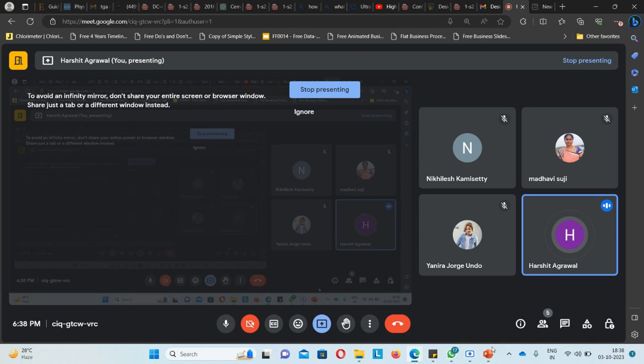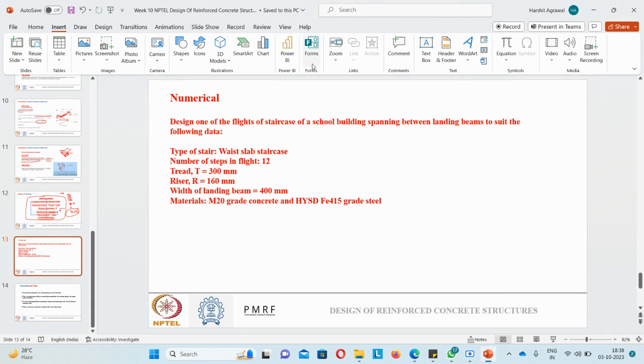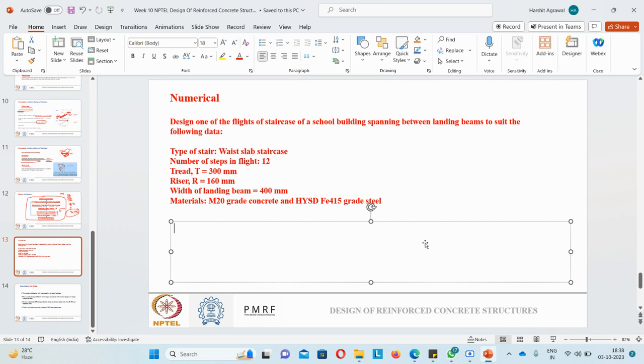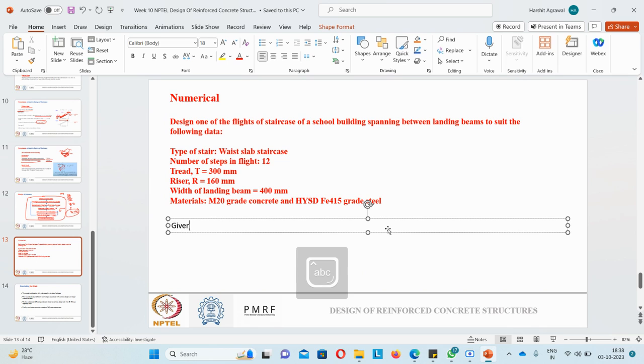Okay, so let's see the solution now. So first, what all things are given in the question? Given number of steps, 12 steps there are.